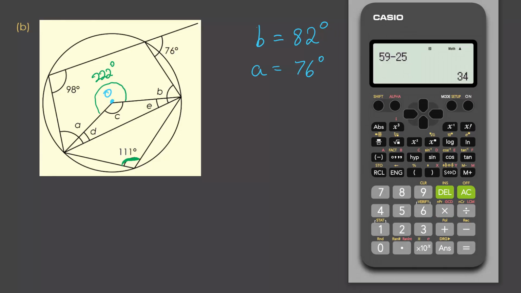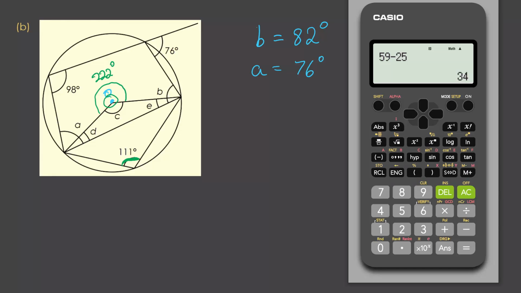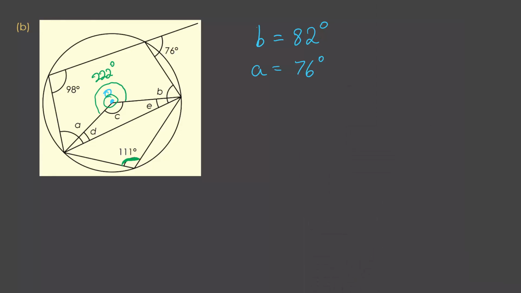That means that because we have angles around a point just here, which we know add to 360, that C is going to be 360, take away 222, giving us 138. So C is 138 degrees.